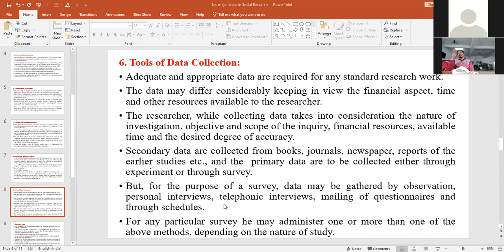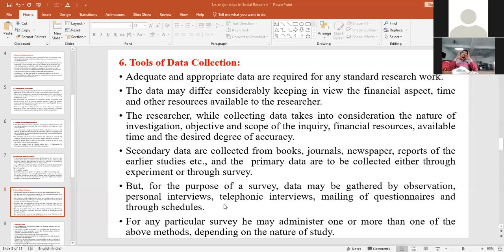These kinds of primary and secondary data may be gathered by observation personally by the researchers. In the form of personal data, it is in the form of interviews, or telephonic interviews, or mailing, or questionnaires, and through schedules.